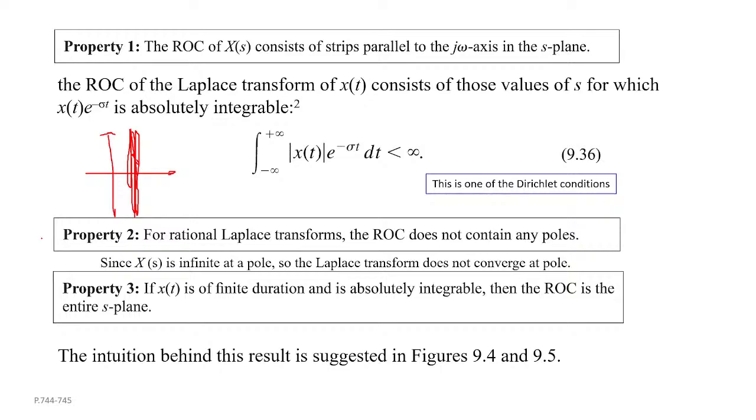And yeah, just as I said, remember sigma and j omega. Remember that the Laplace transform is the Fourier transform of this function x of t times e to the minus sigma t.